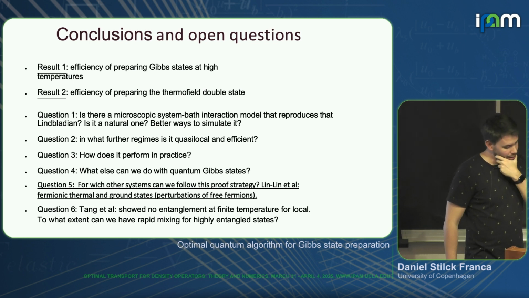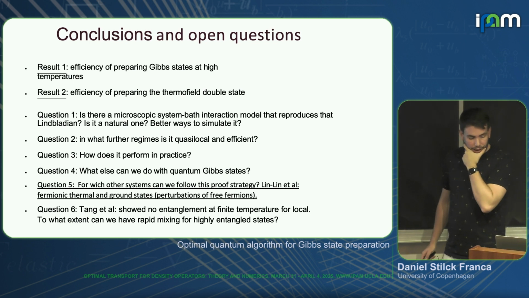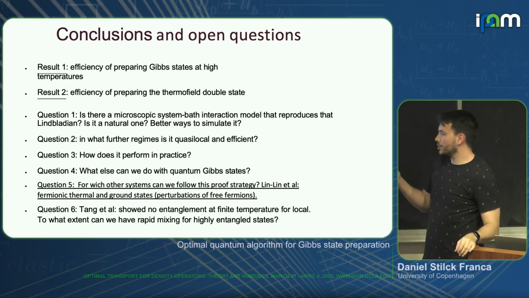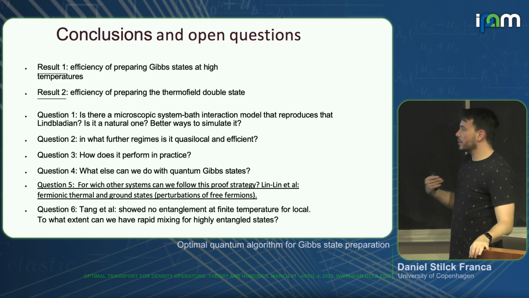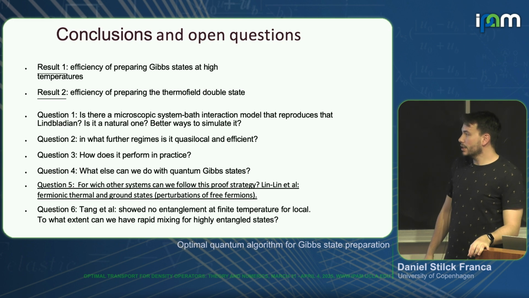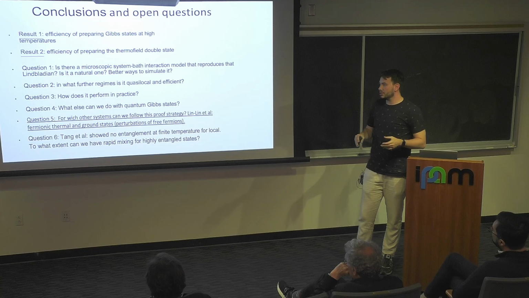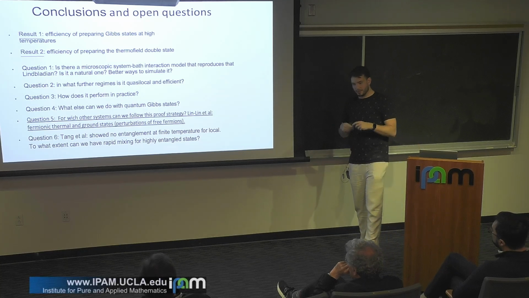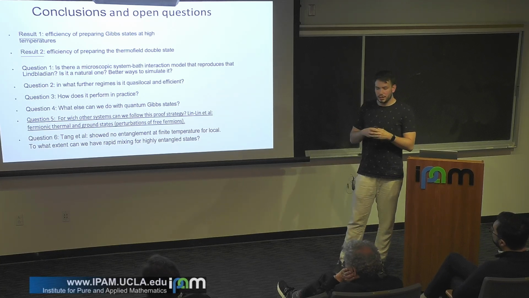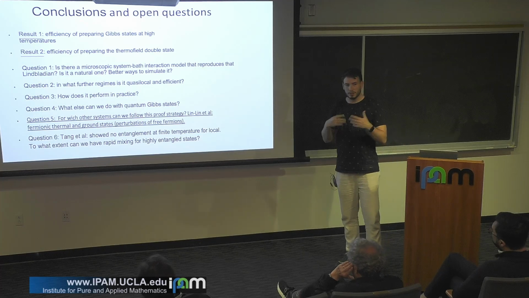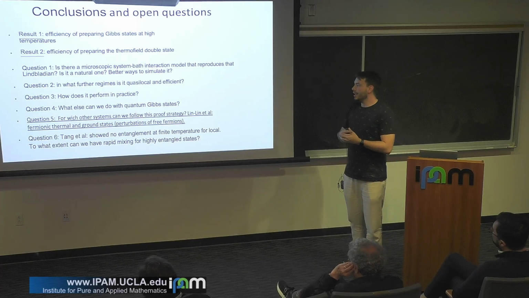Now, one very interesting question is: is there a way to more naturally implement this time evolution? I don't know if you remember, maybe on slide 5 or 6, I showed you the circuit. It was not very simple. You actually need a full-scale fault-tolerant quantum computer to implement that.